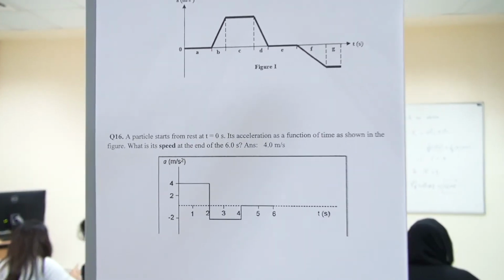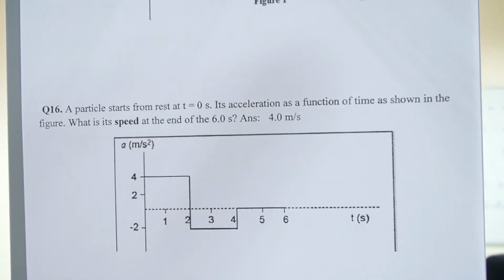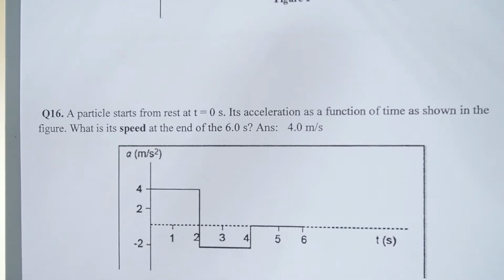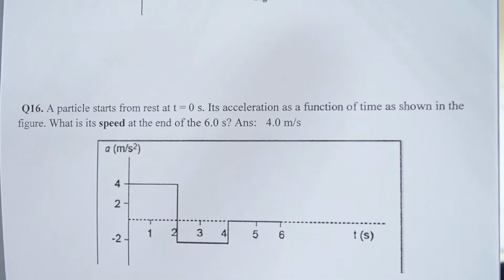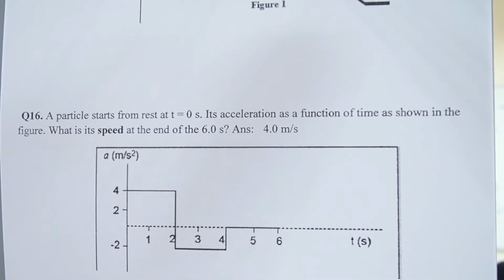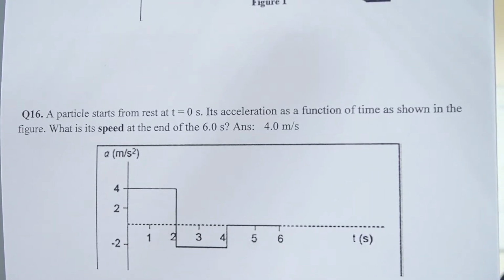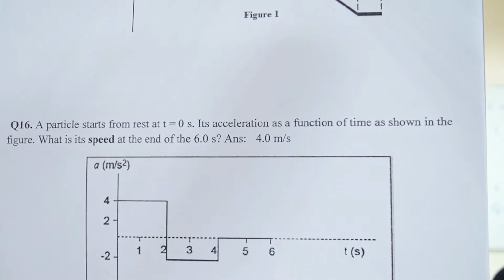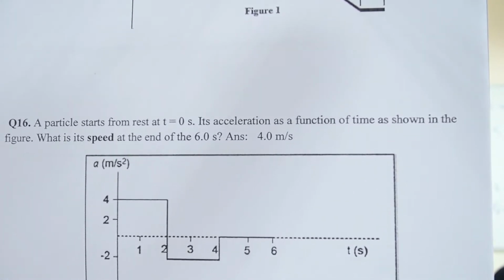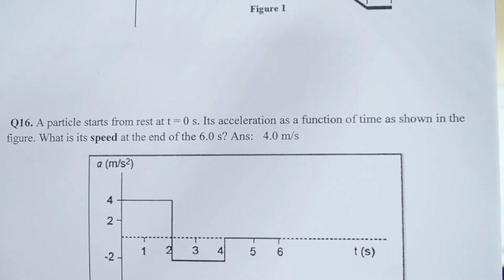A particle starts from rest at time 0. Its acceleration as a function of time is shown in the figure below. What is the speed at the end of the 6 seconds?